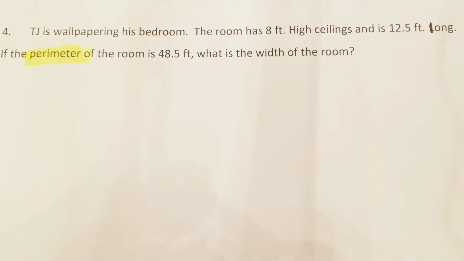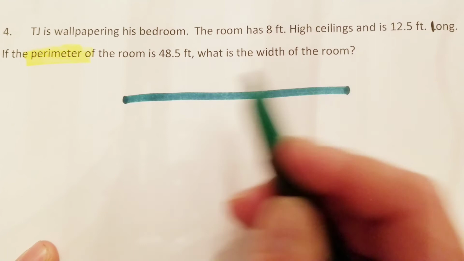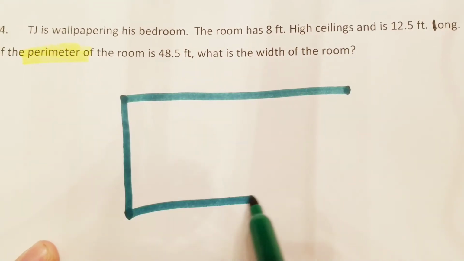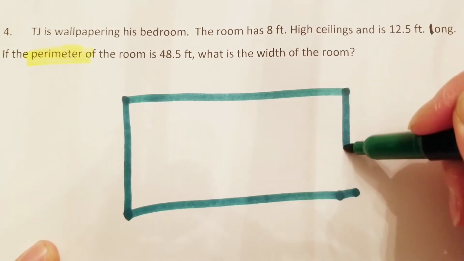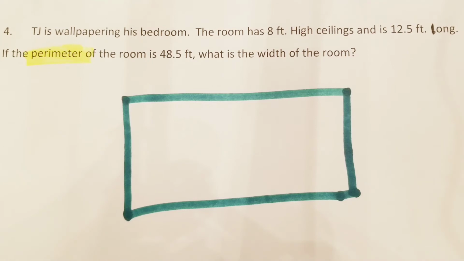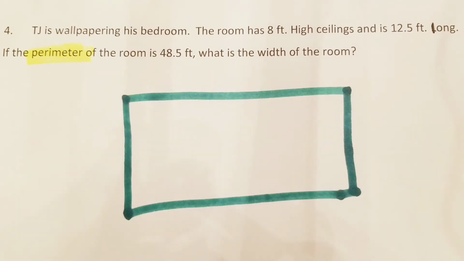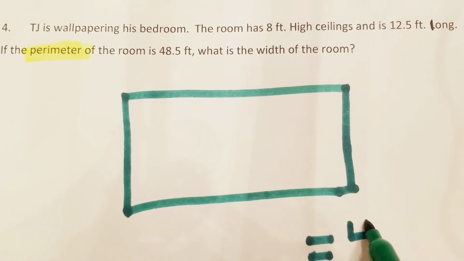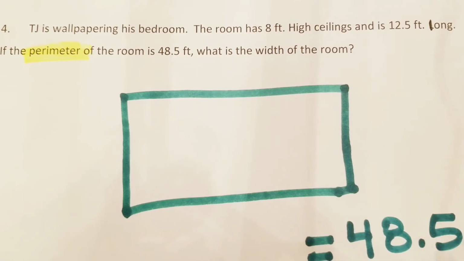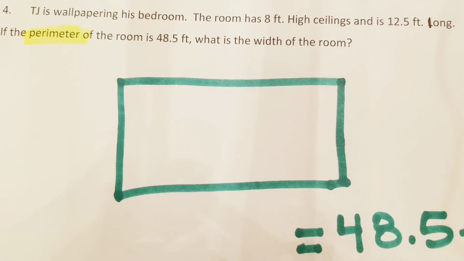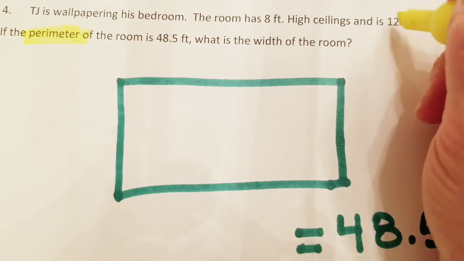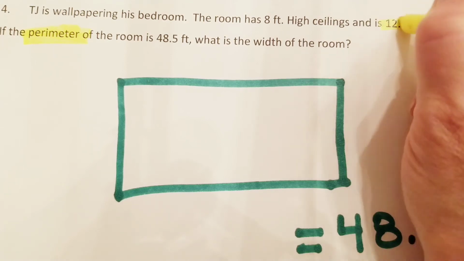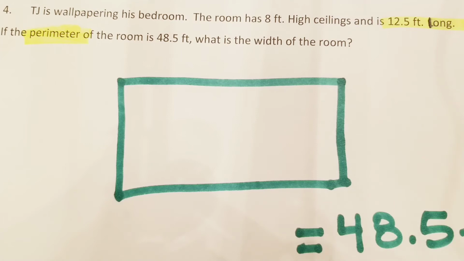Now remember, when we're talking about perimeter, pretend this is your room, your bedroom. Most rooms are kind of rectangle-ish. And we know that the total perimeter of the room equals 48.5 feet. We also know that the room is 12.5 feet long.